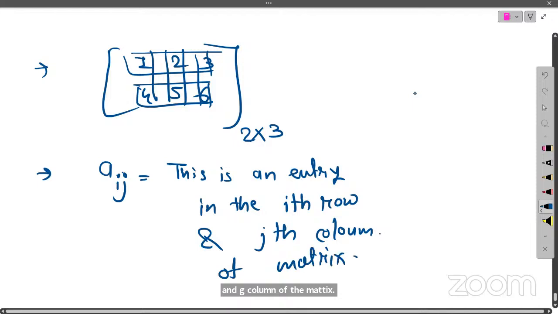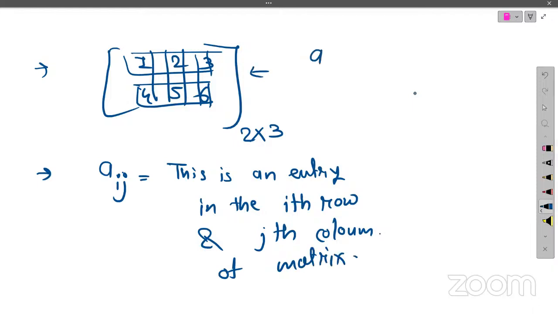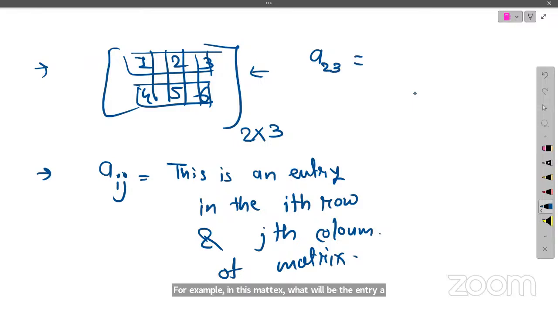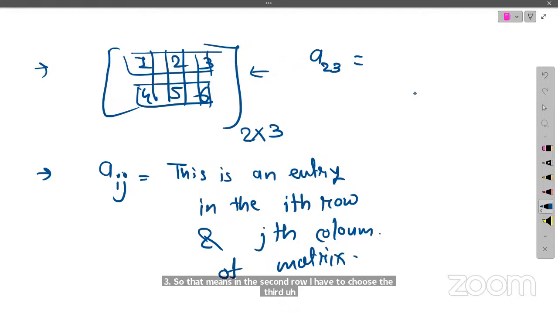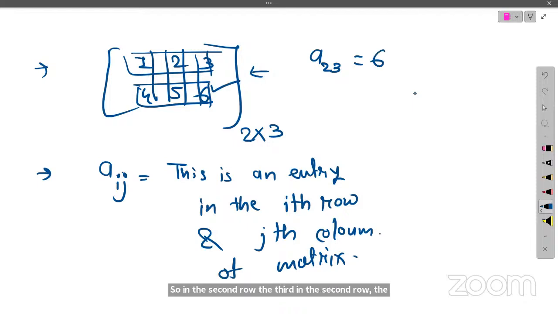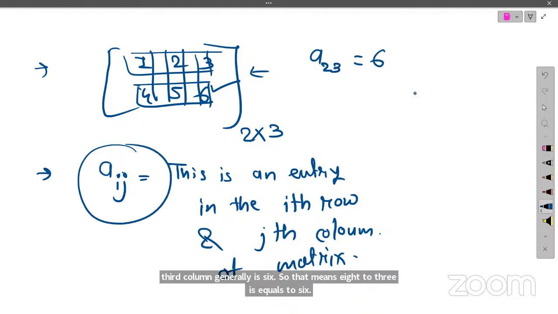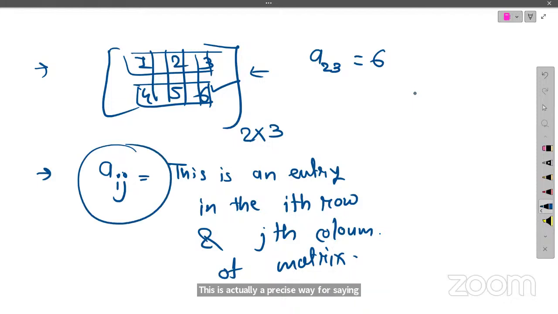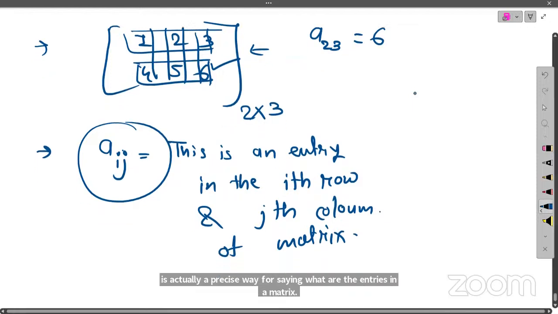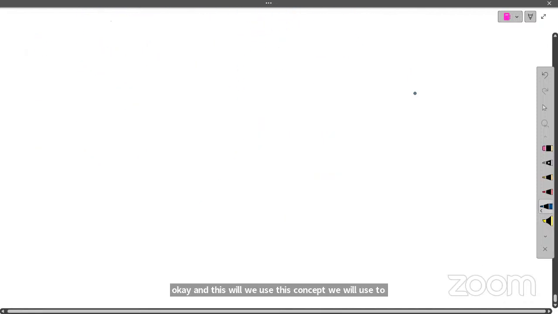For example, in this matrix, what will be the entry A2,3? In the second row, I have to choose the third column's entry. In the second row, the third column's entry is 6. So A23 is equal to 6. This is a precise way of saying what the entries in a matrix are. And this concept we will use to find out the adjacency matrix related to a graph.